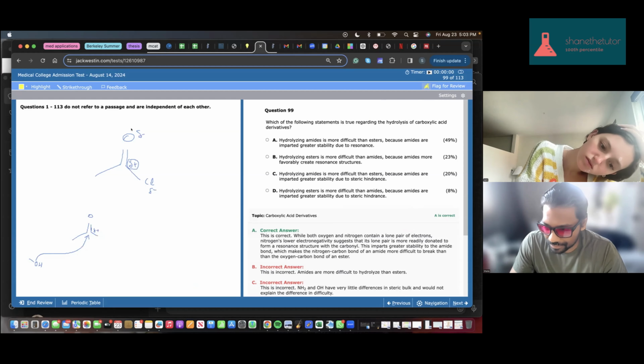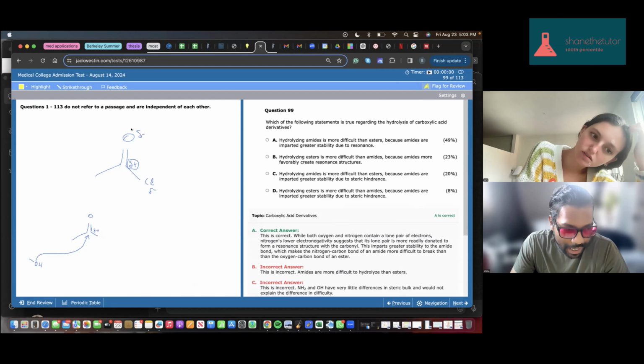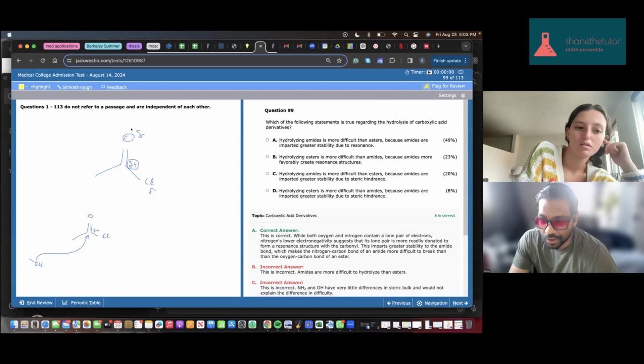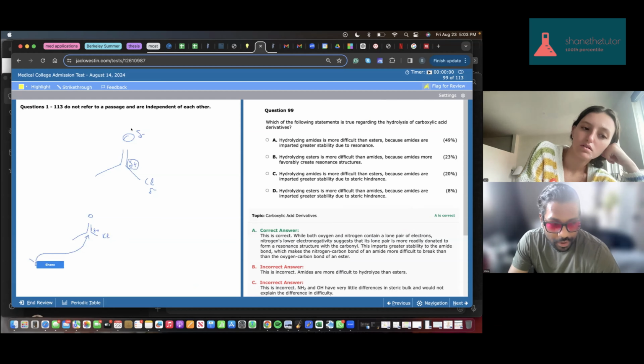So now imagine when we have the chlorine here, the partial positive gets even more positive, which should mean that this would react with it even more so.